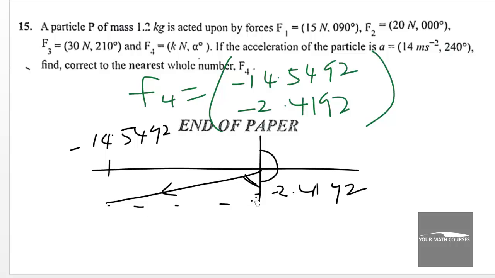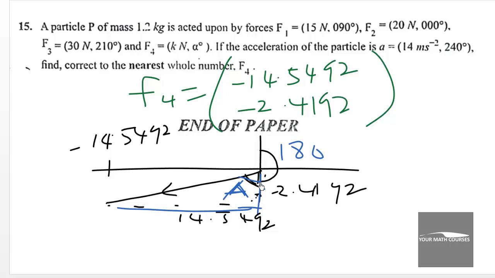So we find this, which is 14.5492 over this, which is 2.4192. So this is 180 plus this angle here, which is A. So let's find the value of A using this triangle and add it to 180.